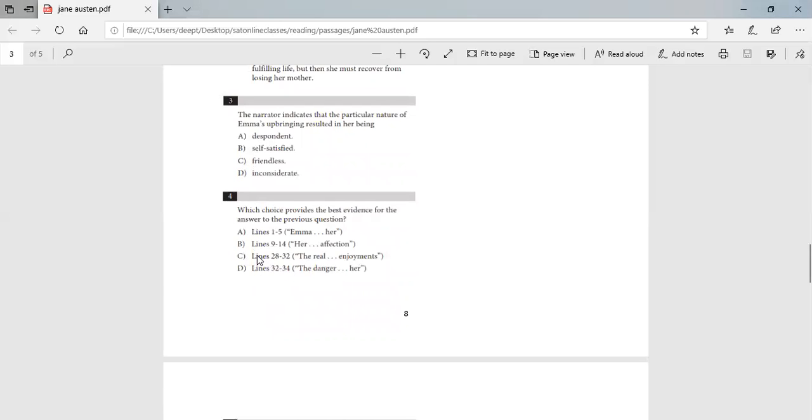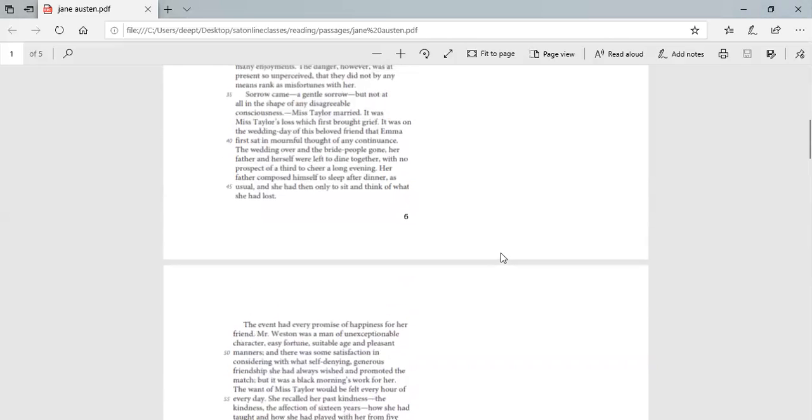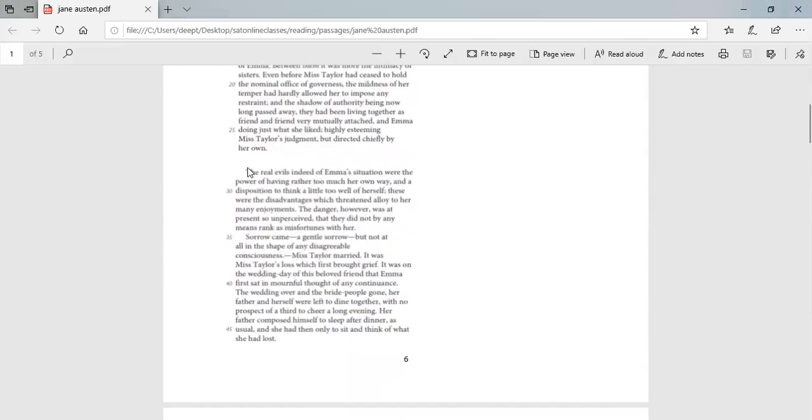Let's look at C, lines 28 to 32. Am I talking about the nature here in 28 to 32? The real evils indeed of Emma's situation were the power of having rather too much her own way, and a disposition to think a little too well of herself. Now this is where her nature comes in.